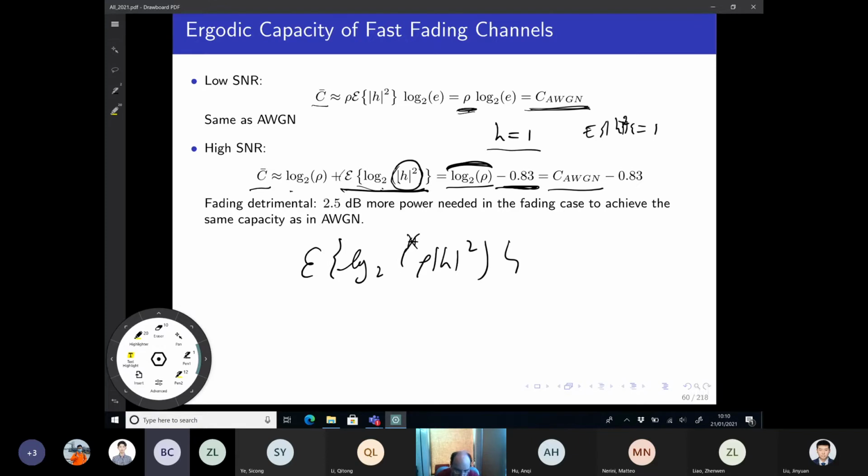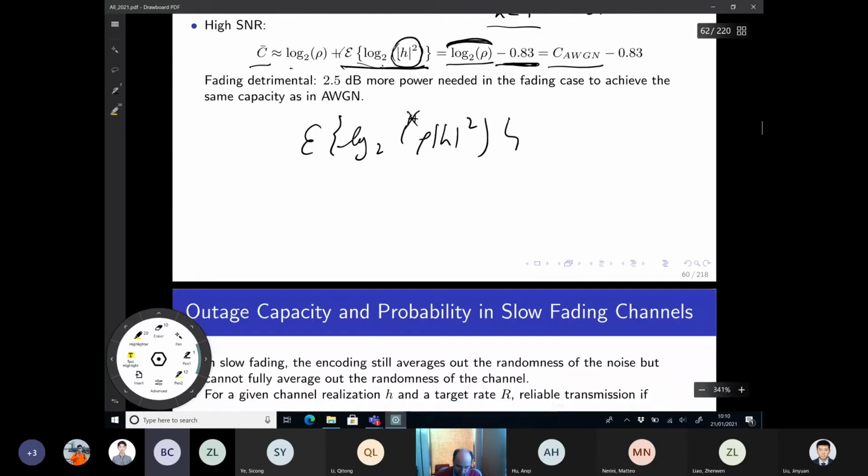In other words, having fading, fluctuation of the channel, will lead to a loss in terms of rate compared to the case where you have a channel that is completely flat, completely constant. That's what it says. Good. So this is fast fading channels.